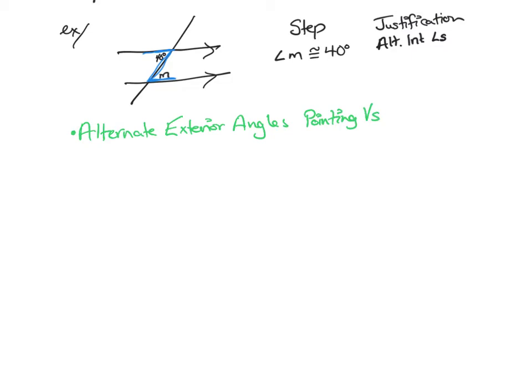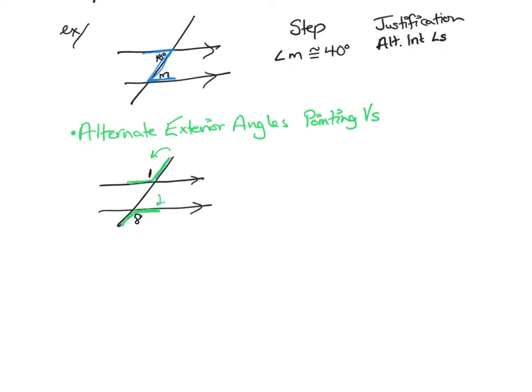So if we have our parallel lines and our transversal, if we had this as angle 1 and this as angle 8, we could see that the angles are exterior, so outside of the parallel lines, but they're also alternating. So one is on this side of the transversal and one is on this side of the transversal.